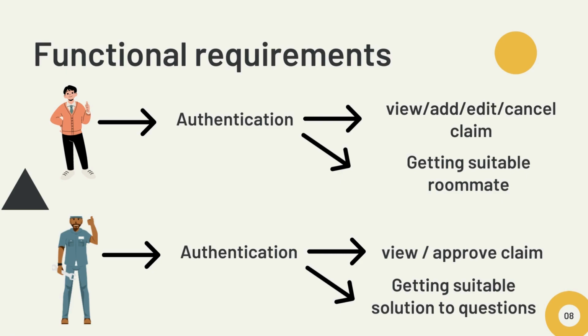This feature allows students to find compatible roommates based on their personal preferences and interests. By matching students with compatible roommates, we hope to improve the overall dorm living experience and create a more positive community.